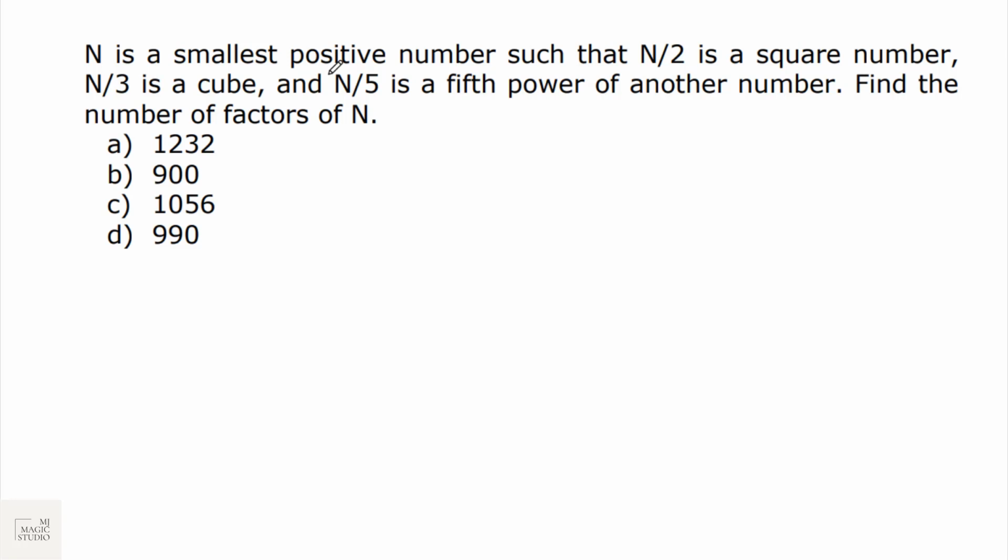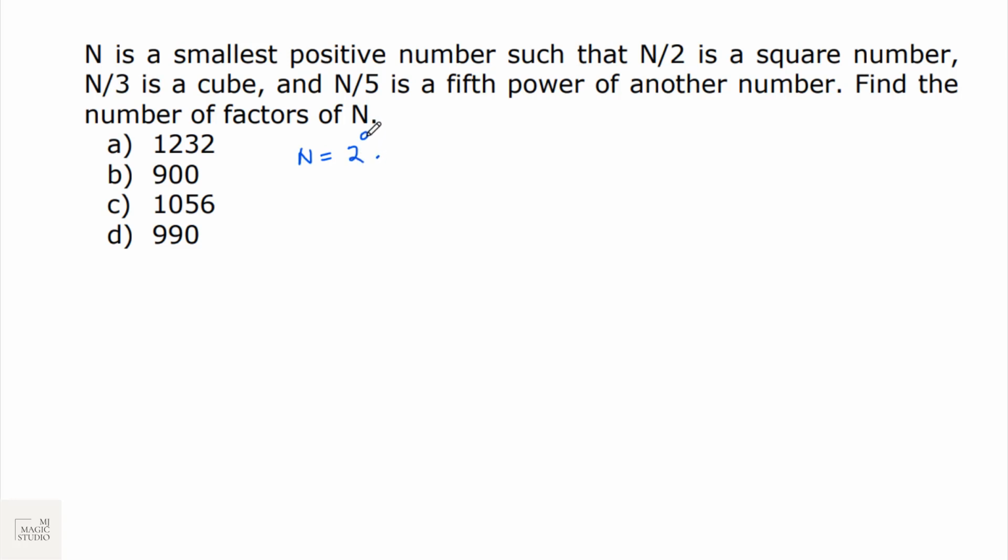N is the smallest positive number such that n by 2 is a square number, n by 3 is a cube. N by 2, that means n is divisible by 2.